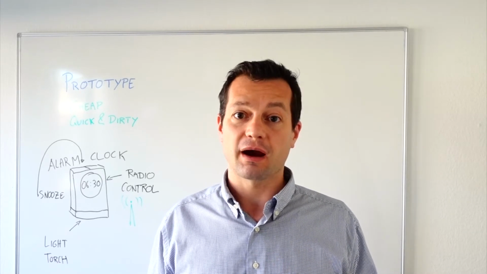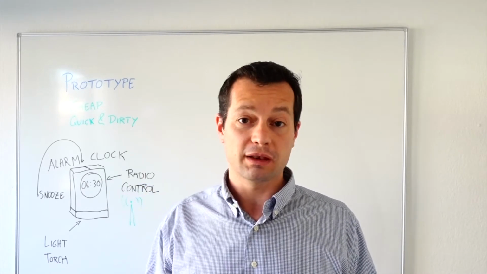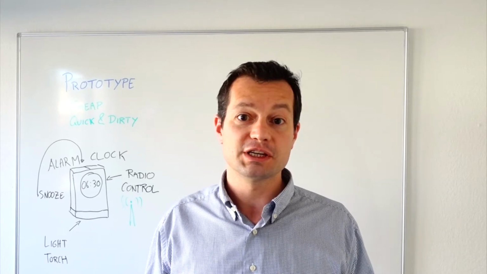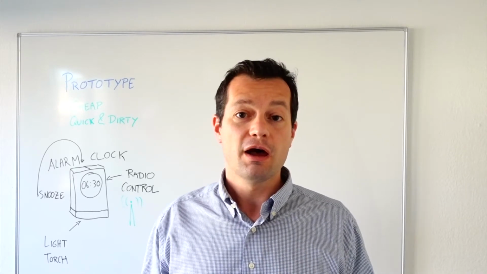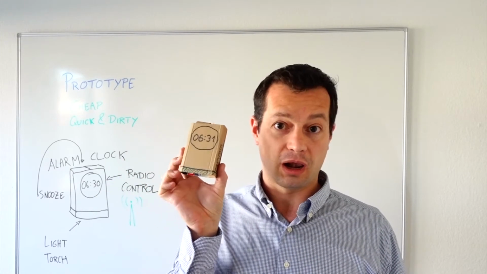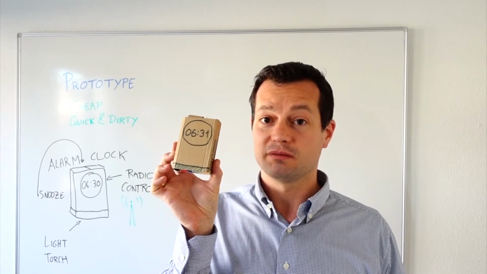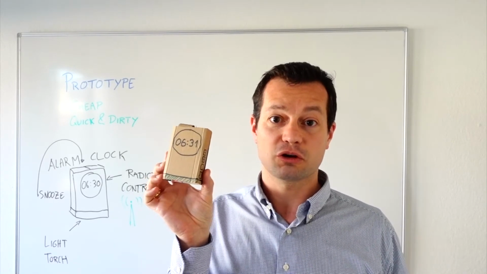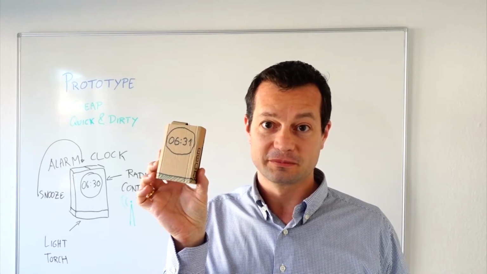These prototypes are cheap. They are quick and dirty, and some call them the shitty first drafts. For this alarm clock, the prototype might look a bit like this, a cardboard alarm clock. It took less than 5 minutes to do, and it costs basically nothing.